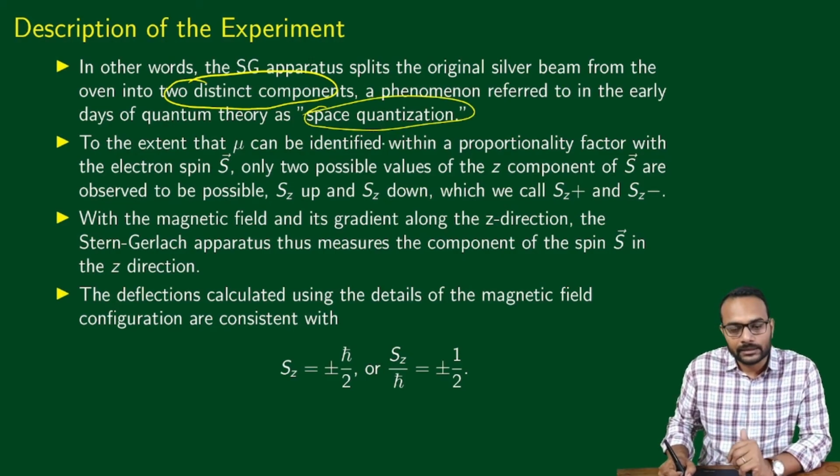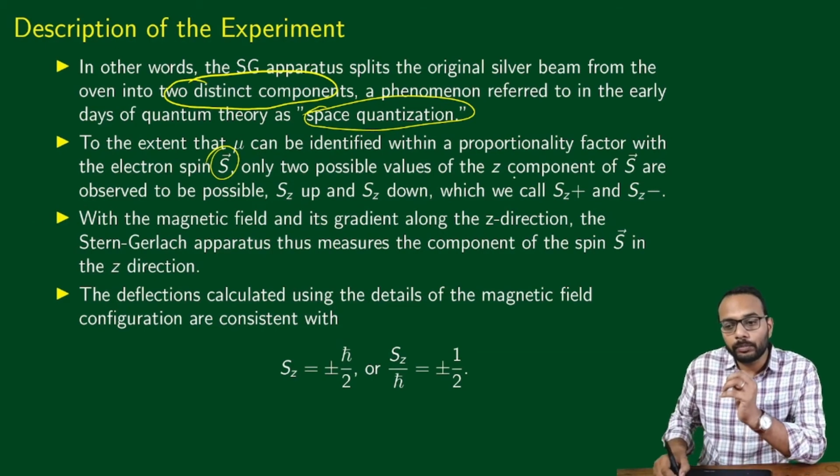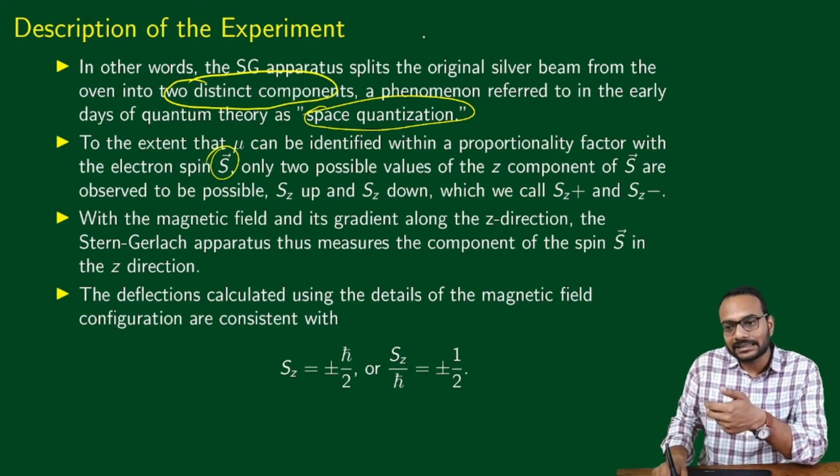If you look at the earlier textbooks of quantum mechanics, this phenomenon will be referred to as space quantization. Now, to the extent that mu can be identified within a proportionality factor with the electron spin, only two possible values of the z component of S are observed. These deflections are related to the two possible values of mu.